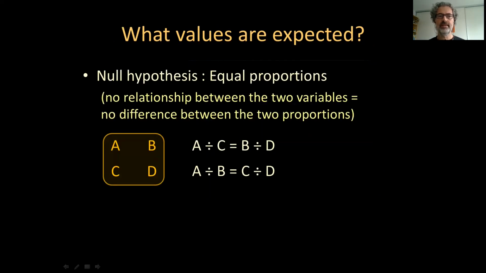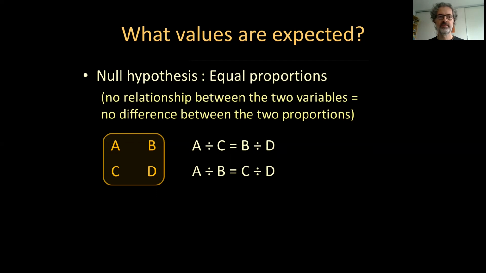When I talk about equal proportions in a 2x2 table like this one with 4 cells, 4 values, to say equal proportions, which amounts to no relationship between the two variables, this means that the proportions are going to be equal over both rows and columns. So this over this should be equal to this over this. That's the first line.